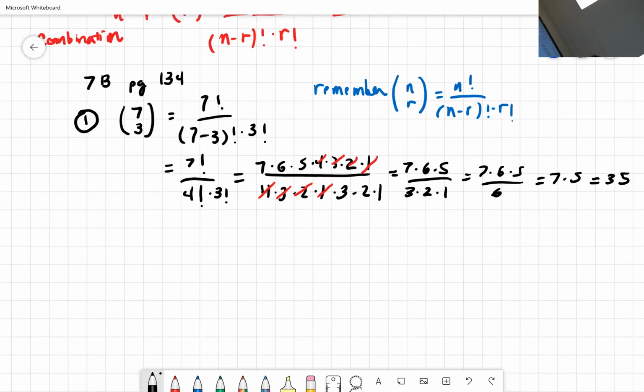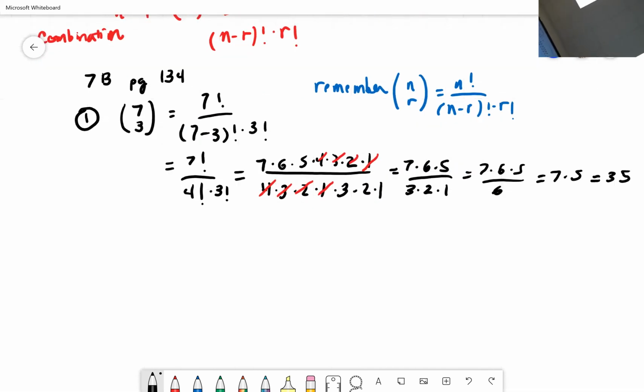So what is this? Well, let's do Pascal's triangle. Once again, we have 1; 1, 1; 1, 2, 1.